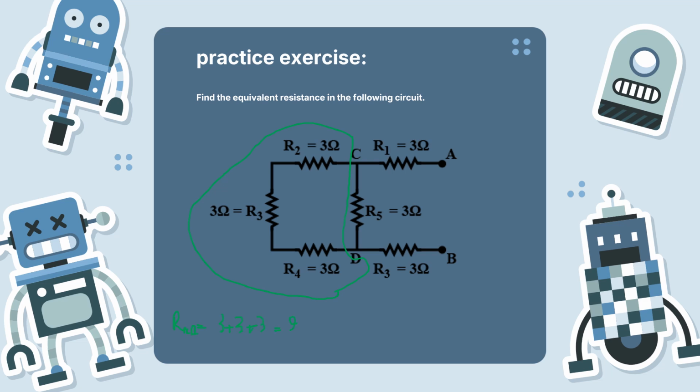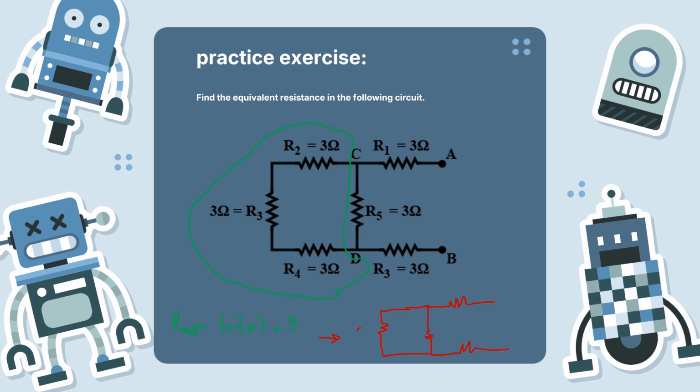So our circuit now will look like this. This 9 ohm comes here, this 3 ohm comes here, the same as the last one, and the other 3 and 3 come here.